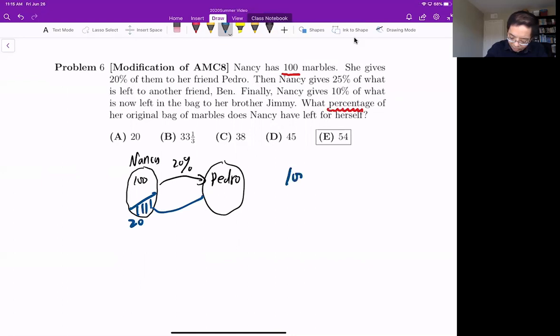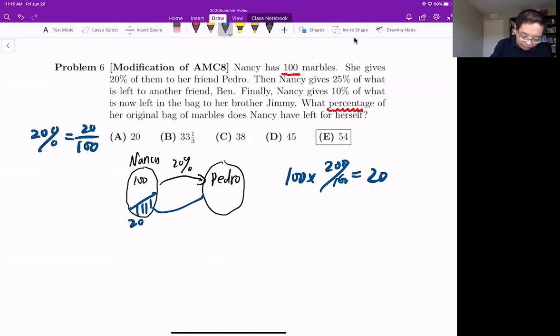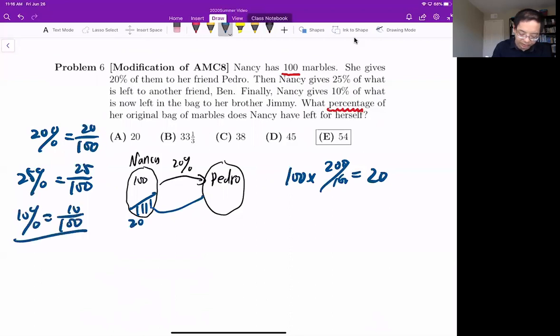That's 100 times 20%, which equals 20. I want to remind you that percentage is a special fraction. 20% is just 20 over 100, 25% is 25 over 100, and 10% is 10 over 100.